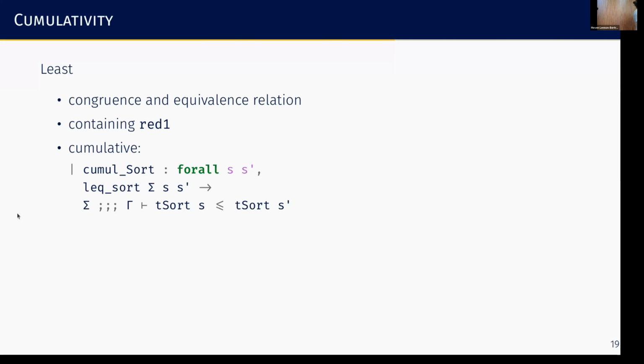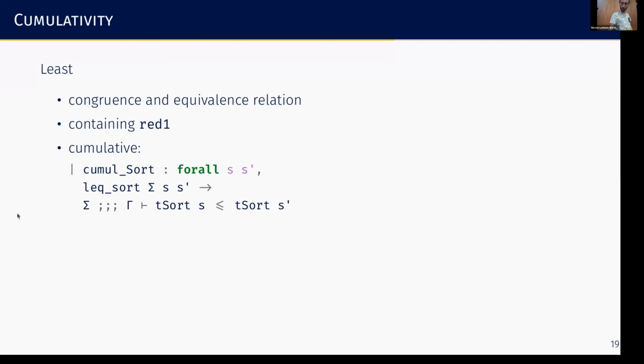It contains reduction, and the important thing is that it's cumulative. So whenever a sort is smaller than another one, then you get this pre-order between the two corresponding constructors. So it's a weak form of subtyping, if you wish, that basically has this universe thing as a base case.